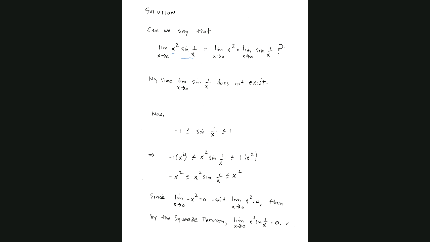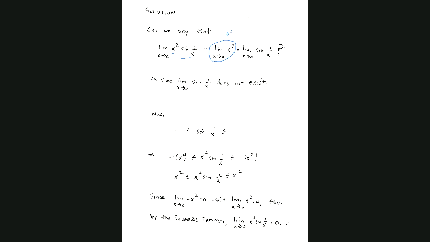I'm getting some different responses here. Intuitively, you might think that's true. And it would be true if the limits exist. We know the limit as x approaches 0 of x squared equals 0 squared. So that limit exists.